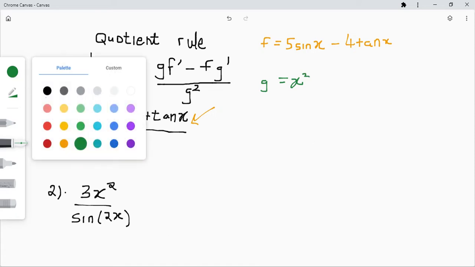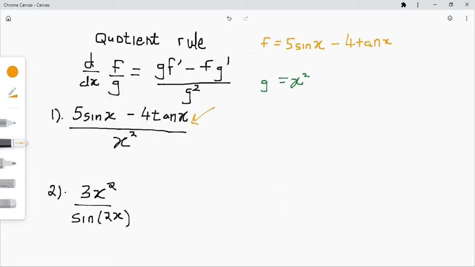All right, so let's have to derive f and g. So we'll start with f. And I'm going to say f prime equals. Right, so we know the derivative of sine is cosine.